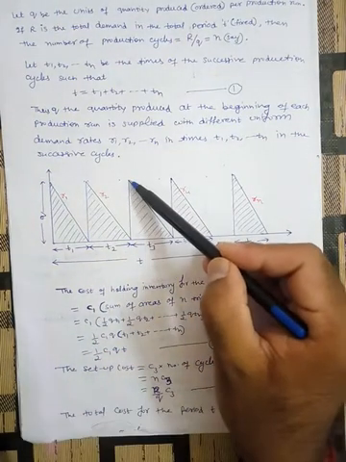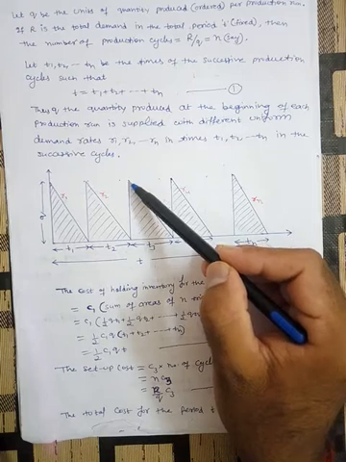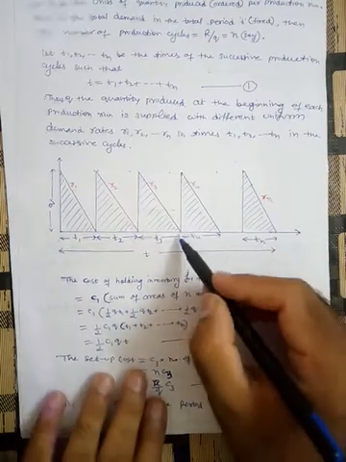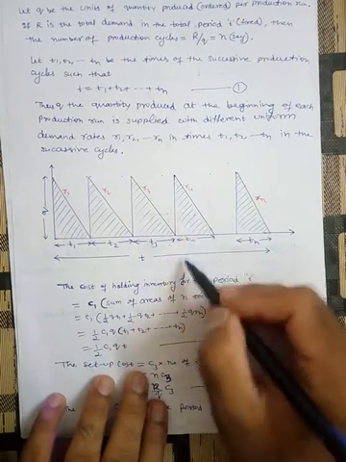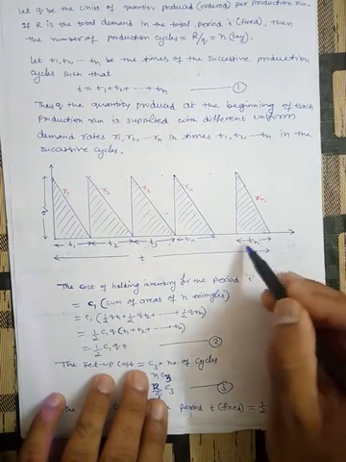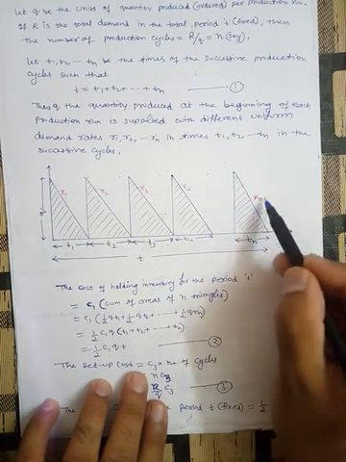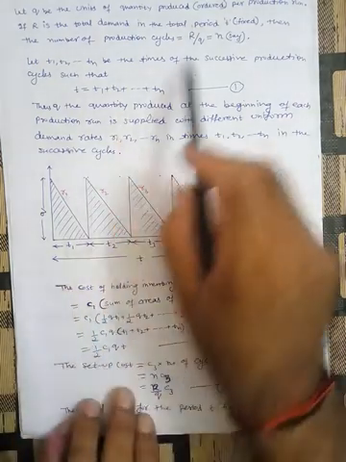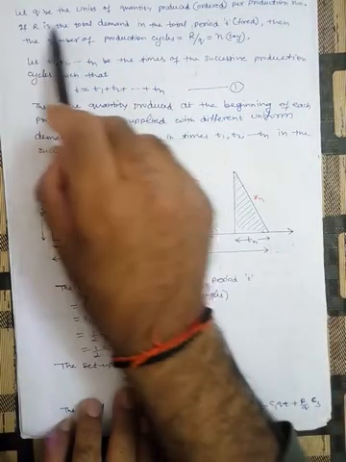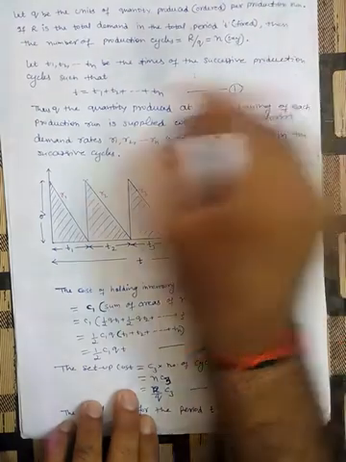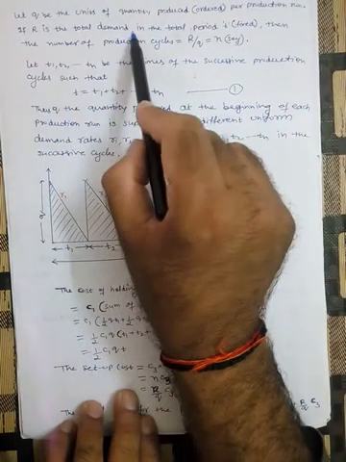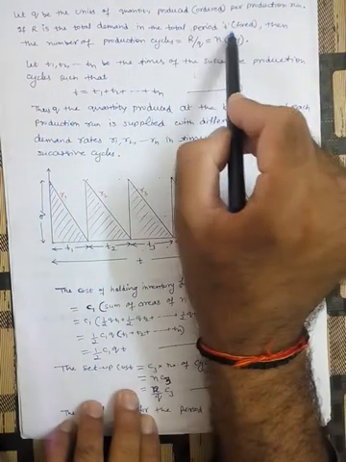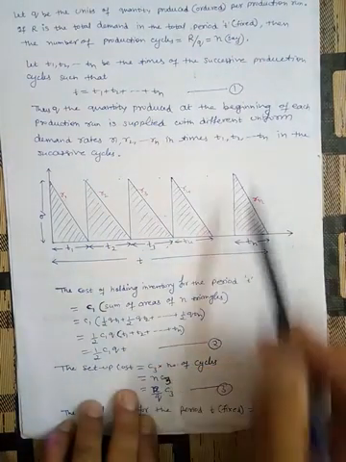Again you order Q items and they will finish in T3 time, and so on, and finally the last production cycle is Tn and Rn. So the total time from here to here is T, suppose. Let Q be the unit quantity produced per production run, and suppose R is the total demand in the total period T, which is fixed.